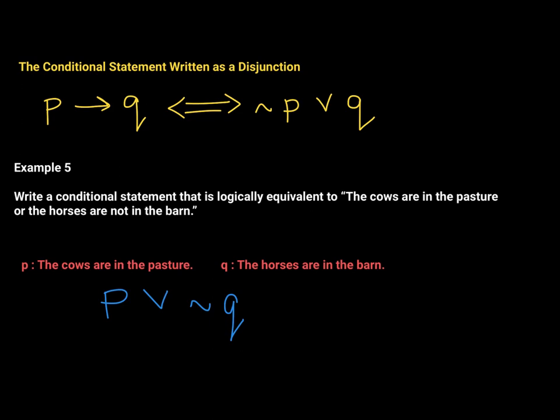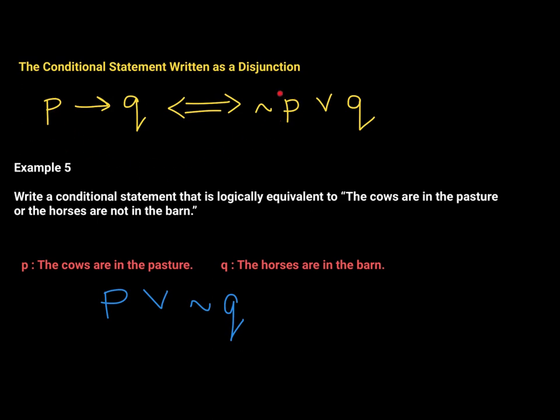Now, in order to write this as a conditional statement, I want you to notice what has changed and what has not changed. First of all, our disjunction turns into this conditional symbol. But look at the first statement. Not P turns into P. The difference between not P and P is that it's been negated. In other words, they have opposite truth values.